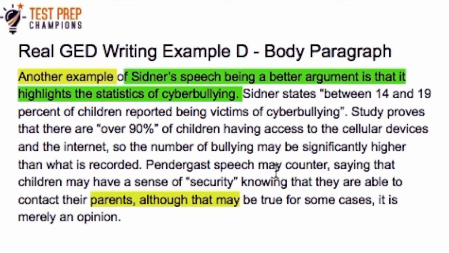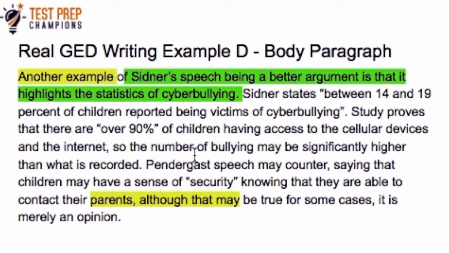So the person here is talking about, here's what Cinder believes, and here are the facts that Cinder states. Now, Pendergast would counter, and Pendergast would say, well, actually, children may have a sense of security, knowing that they are able to contact their parents. And then you explain why. That's Pendergast's point, but it's not really a good point because it's just an opinion, all right?